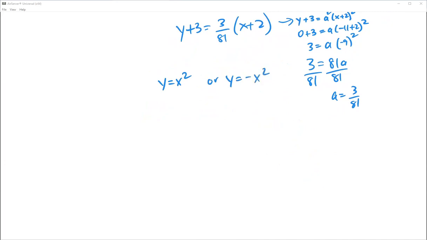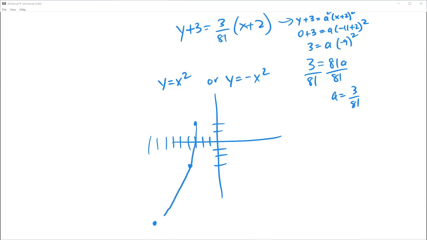If you're going to graph it, you might want to graph the points (-9, 27), (-3, 3), and (3, 3). I'm thinking it's going to do something like this right here, where it probably has to open up. So it's probably y is equal to x squared.